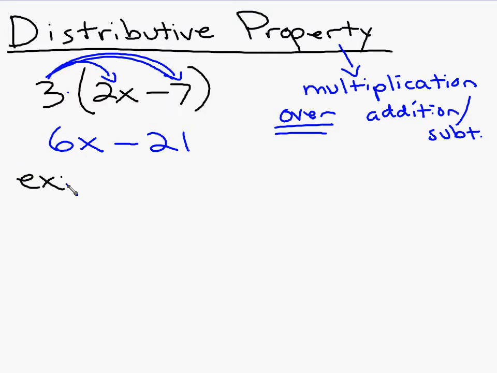Let's do several more. Actually, we'll call this example 2. That one was example 1. Let's say that I have 5 times n plus 3.